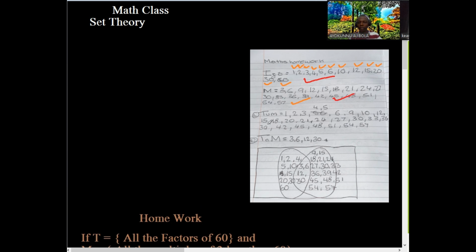Now, once that is done, you have T union M being the combination of all the T's and all the M's, so all the factors of 60 and all the multiples of 3 less than 60.